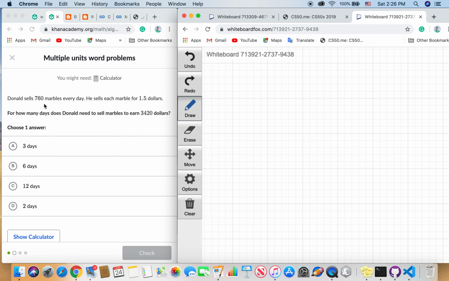Okay, Donald sells 760 marbles every day. He sells each marble for $1.5. For how many days does Donald need to sell marbles to earn $3,420? Okay, so let's think how much money he will make each day. Money earned each day.